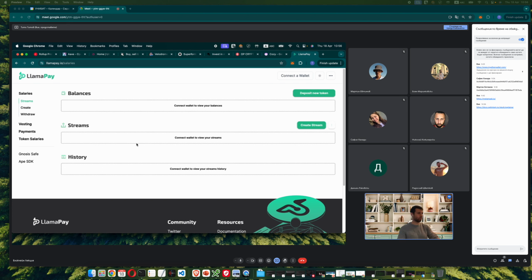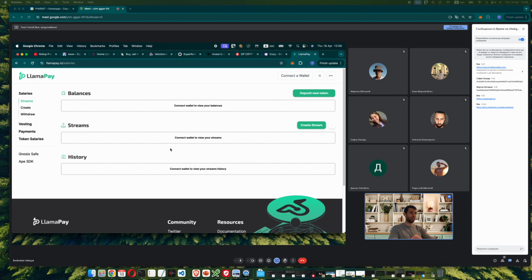We can even make it more fractioned, like we can make payments every minute. So rather than receiving $100 per day, the employee can receive, I don't know, let's say $10 per hour. And you can see in real time when the funds are received.